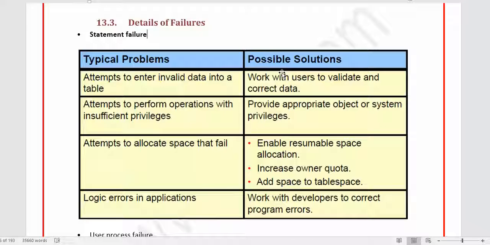But whenever you see a problem in the statement, most of the time it has to be taken care of by the user who is writing the code. The next possible problem is a user attempting to perform operations with insufficient privileges. That means a user is trying to select data from a table in a different schema, but does not have privileges.